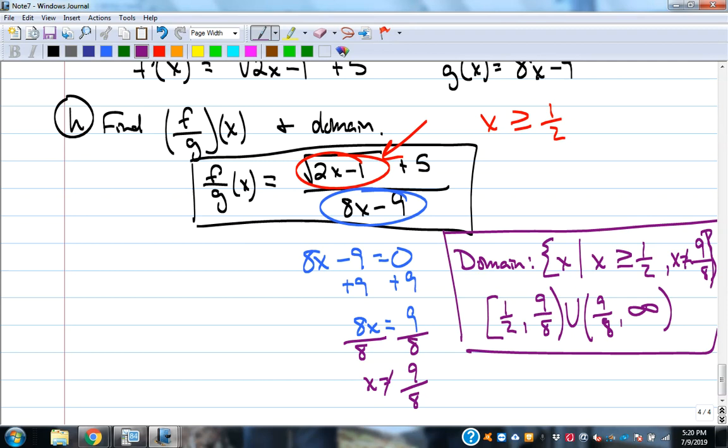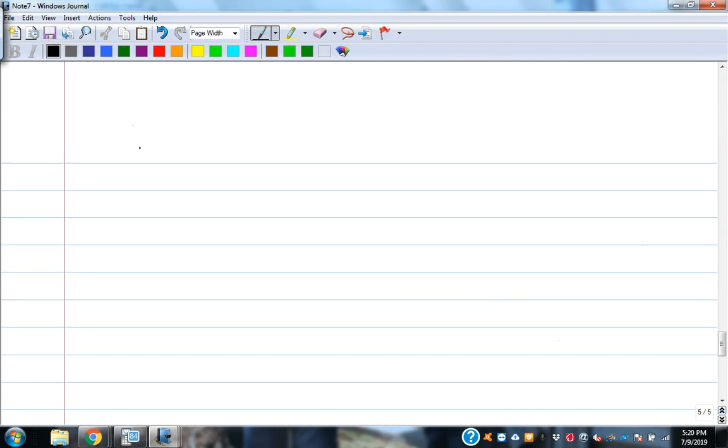The next, let's look at taking function value with operations. And this is not terribly difficult. It's actually a good break here in the middle of this section. And then we'll get into the compositions and learn how to do those and the domains with that.